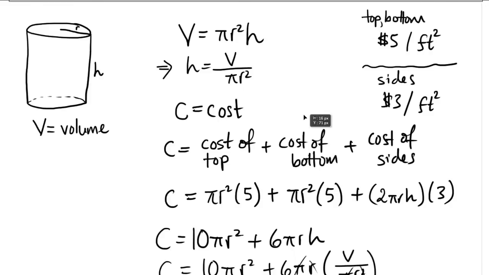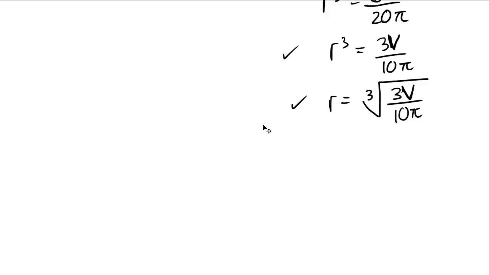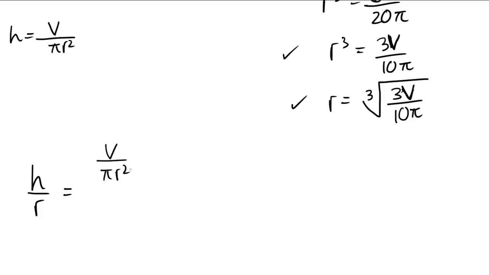So we're looking at what h over r can be. So here we go. What is h over r? Maybe our instinct would be to replace h by this quantity here, V over pi r squared. And then r, well, we could just leave r alone maybe. So it'd be V over pi r cubed.